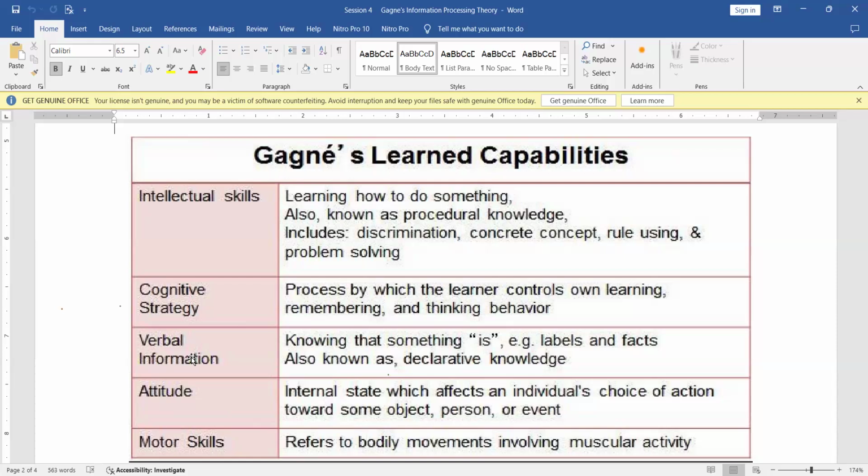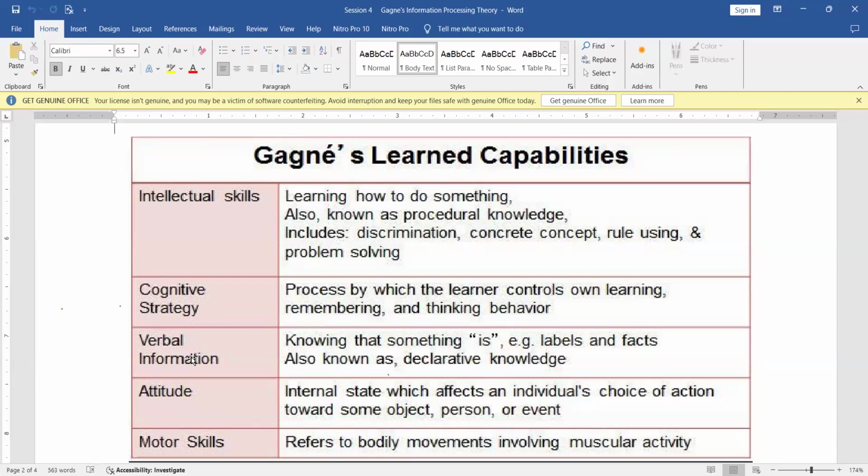They are Gagne's learned capabilities, that is learning outcomes, the second component of Gagne's information processing theory of learning. So we discussed 2 components. One is the conditions, internal and external conditions. Second is the learning outcomes, the 5 areas in the 3 domains.